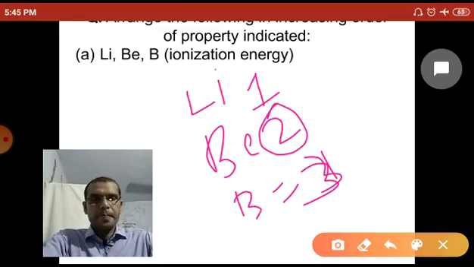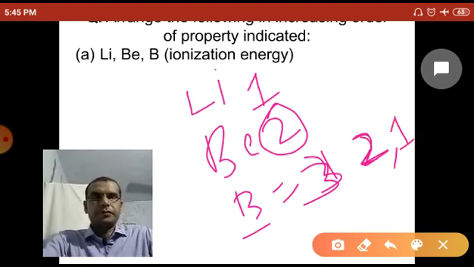But in lithium, 1 valence electron is present in the s suborbit, in beryllium 2 valence electrons are present in the s suborbit, and in boron 1 valence electron is present in the p orbit.